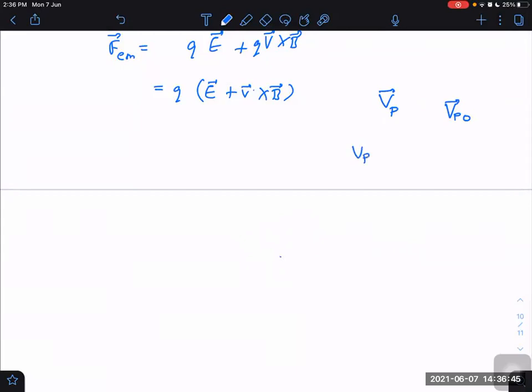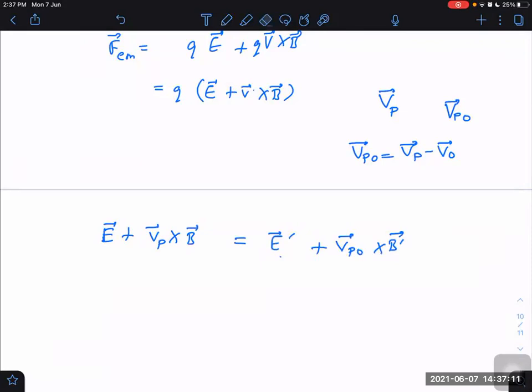So VP is the velocity of the particle in the ground frame. VPO is the velocity of the particle with respect to observer O. Then what will be the electromagnetic force formula? E plus VP cross B will be equal to E dash plus VPO cross B dash.